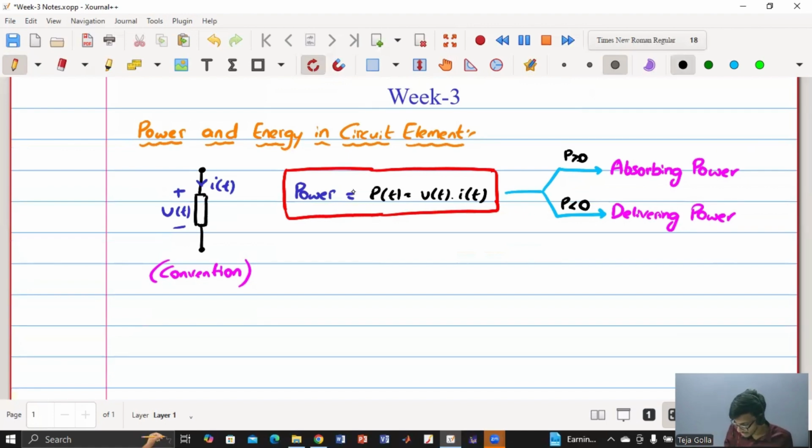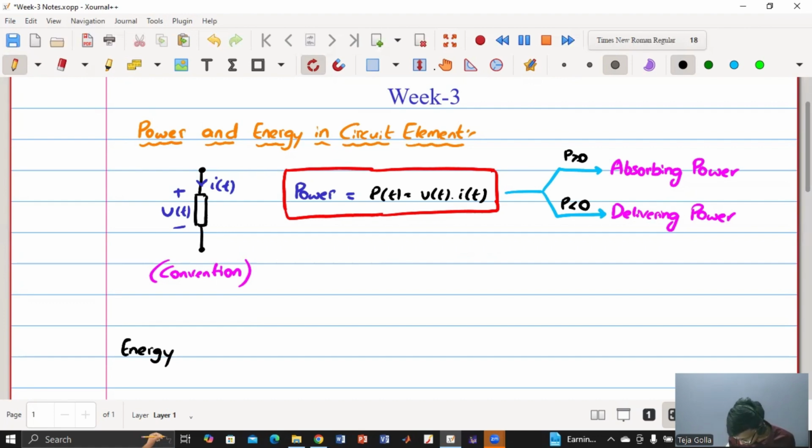Now, if we talk about energy, energy is defined as the integral of power. So if we ask what is the energy consumed or delivered by this element from this time to this time, then we'll say the integration of power with that integral limit. For the time being, I'm assuming that the energy is delivered, or it can be absorbed also.